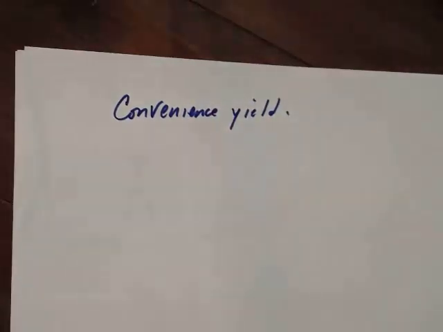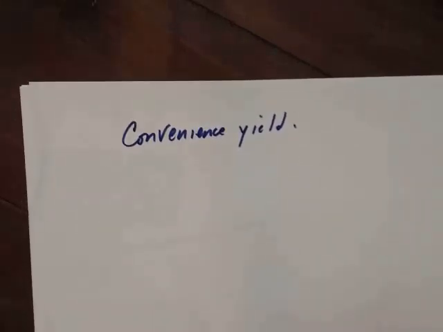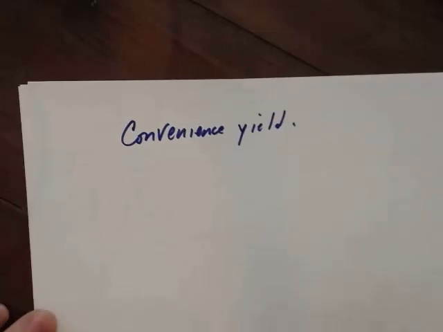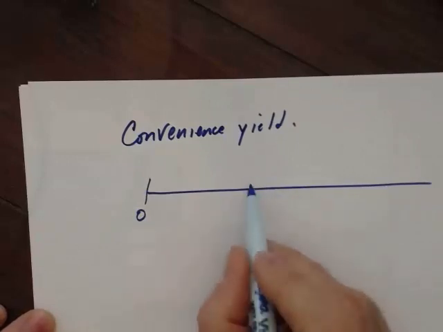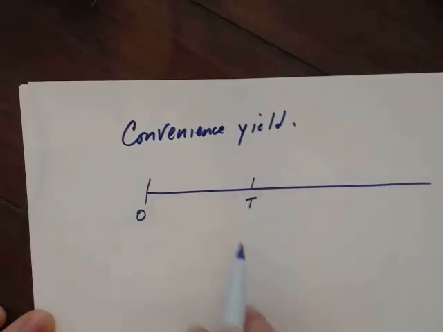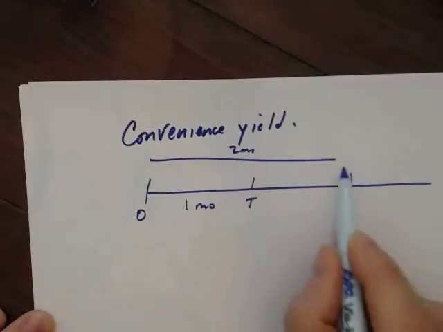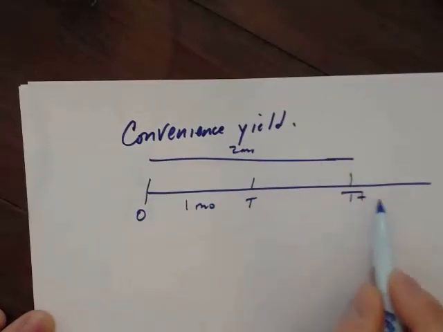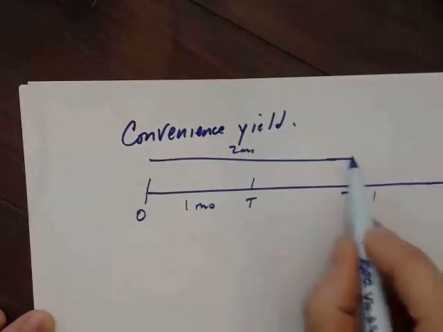And sometimes what people notice in the spot and futures market is that futures prices, especially of more distant contracts, so remember what distant contracts are. You've got a contract that matures here, that's the nearby contract, which may be 1 month from now, and 2 months from now you have a more distant contract, T plus 1 month, I guess you could say. And then you could have an even more distant contract and so on.